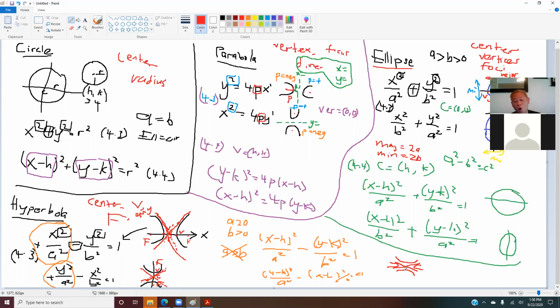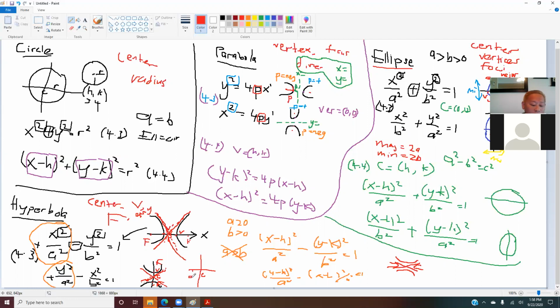So every time you draw a hyperbola, you need to draw your asymptotes. So how do you figure out your asymptotes here? It's very easy, actually. It's not too bad. You figure out a box, and this box is exactly what you do with your A and B in your ellipse. So every time you do it, this is your center.